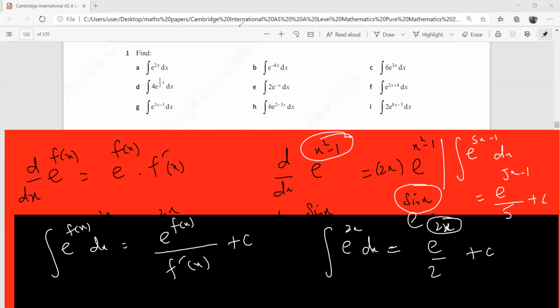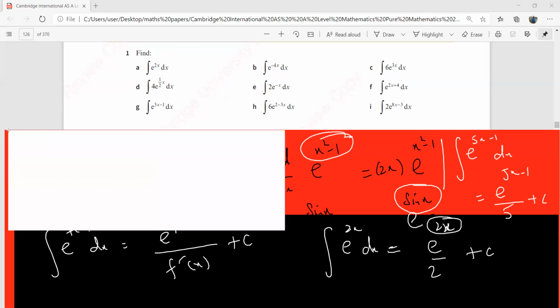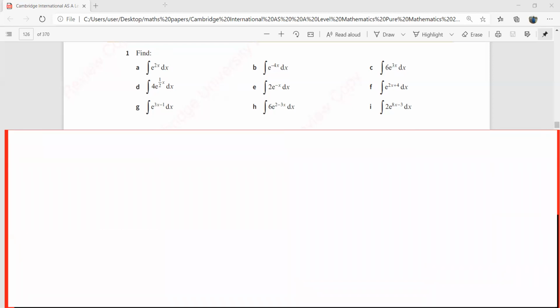You cannot integrate something which is, for instance, let's say you have to integrate, no one will ask you ever to integrate e raised to power x square. You cannot be asked to integrate e raised to power sine x.